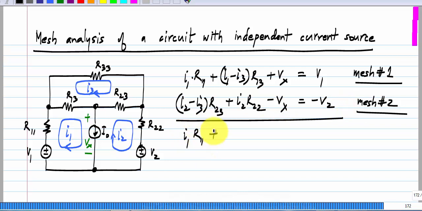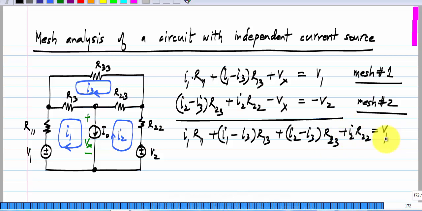I1 R11 plus (I1 minus I3) times R13 plus (I2 minus I3) times R23 plus I2 R22 to be equal to V1 minus V2. Vx goes away because in mesh number 1 it appears with one sign, in mesh number 2 it appears with the opposite sign.